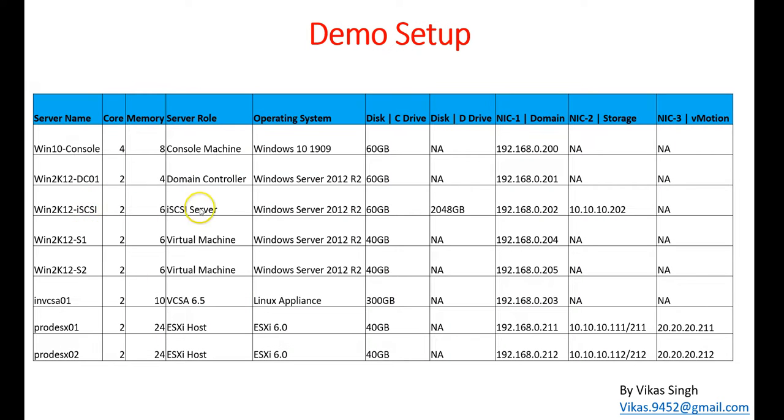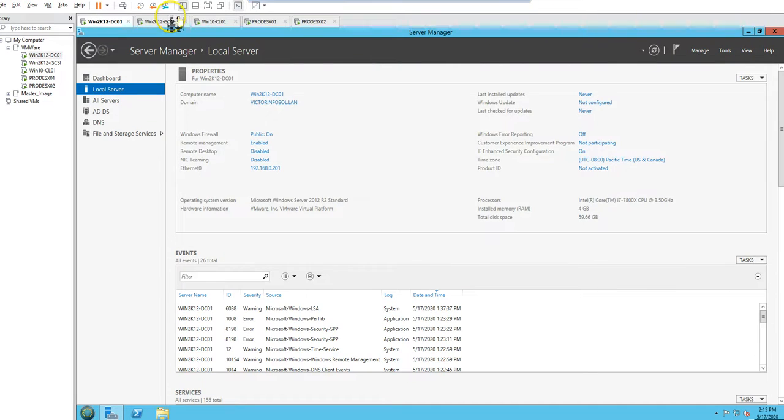The second server is the storage server, which is providing storage to both my ESXi hosts, prod esxi01 and esxi02, both having 24 gig of memory.